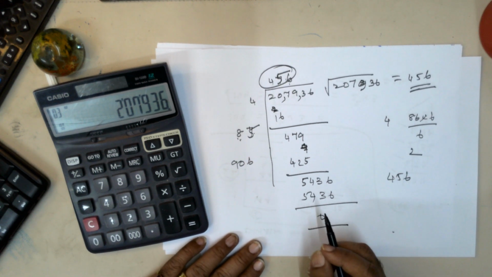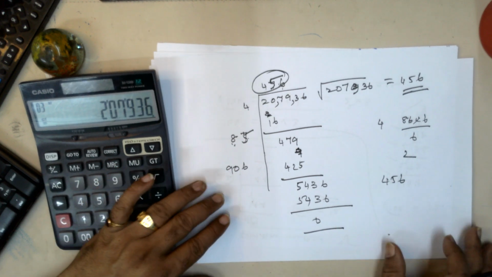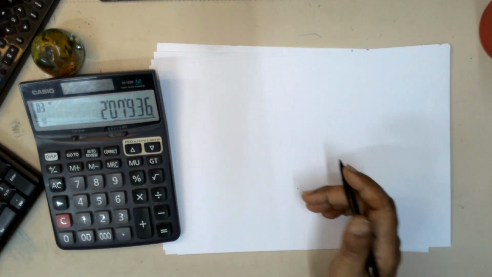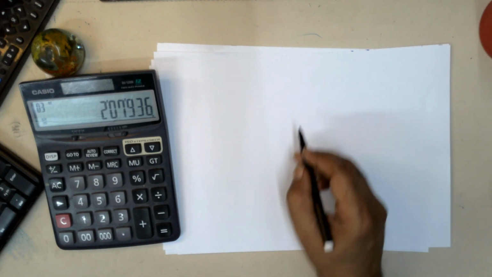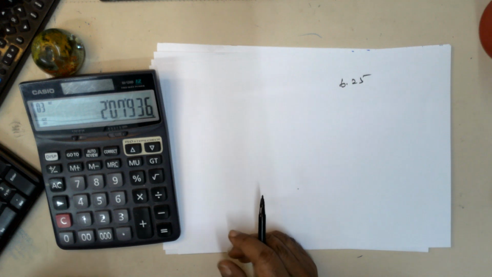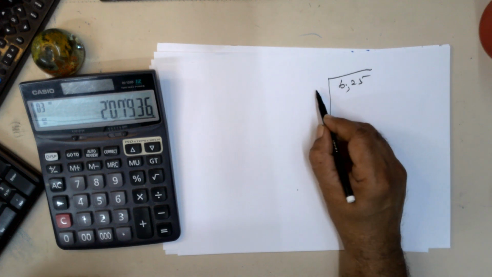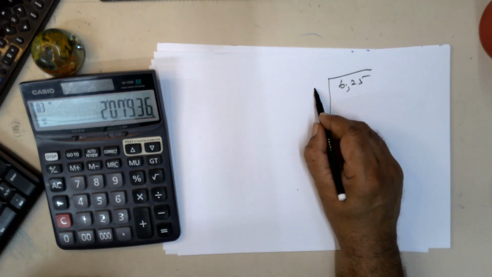Got it? It can be done even in the case of decimals. For example, let us consider 6.25. Taking the square root, you cannot put 3, since 3 3s are 9.